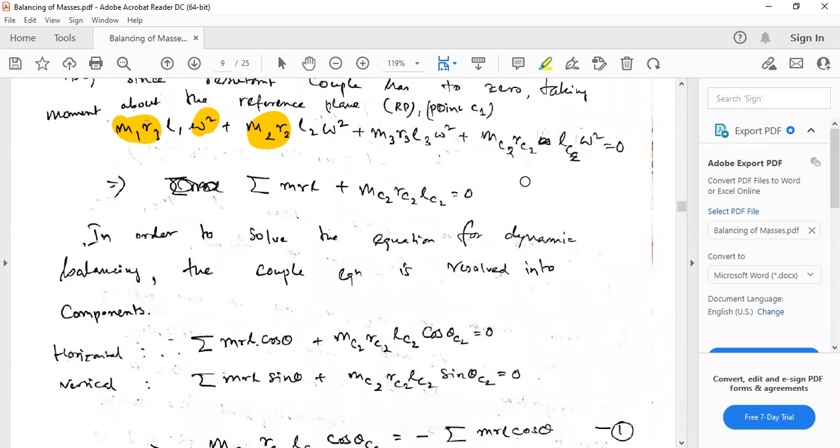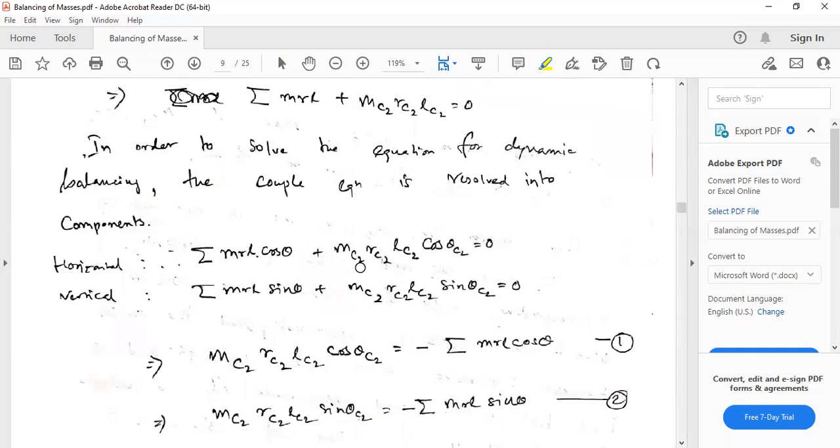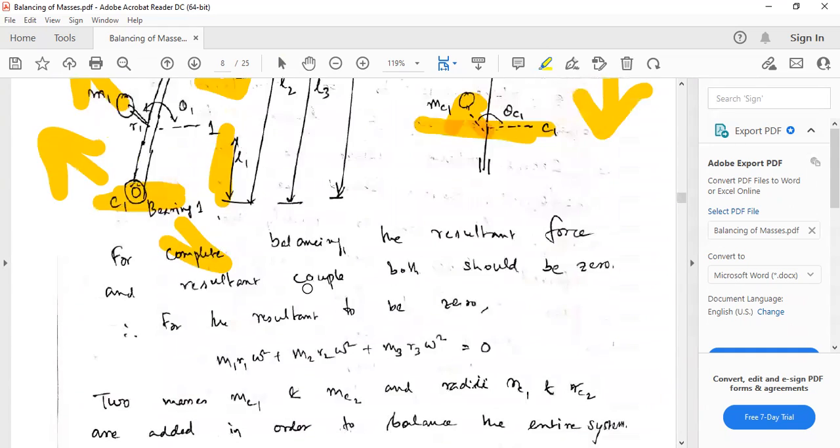So we have finally written it as summation of m r l. This is actually the generalized equation, and this is mc2 rc2 lc2. Finally, what we have to do is take their components.